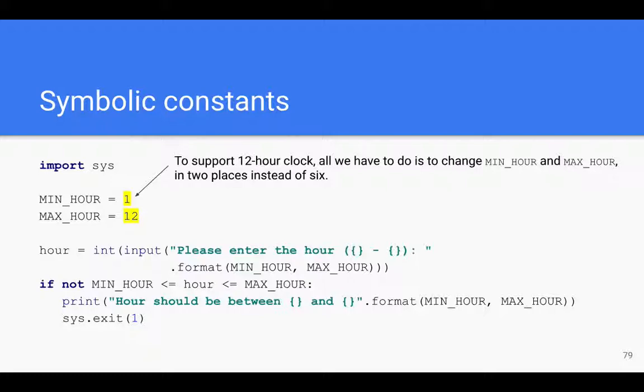And that is the power of using symbolic constants. When the requirement changes, if the code is written the right way, it's very easy for us to conform with the new requirement.